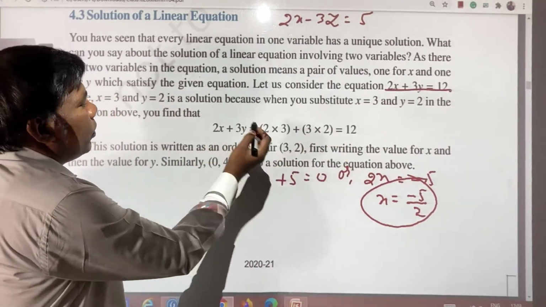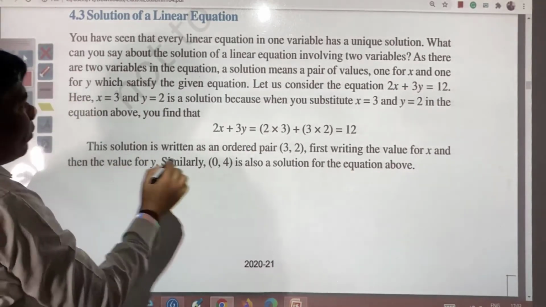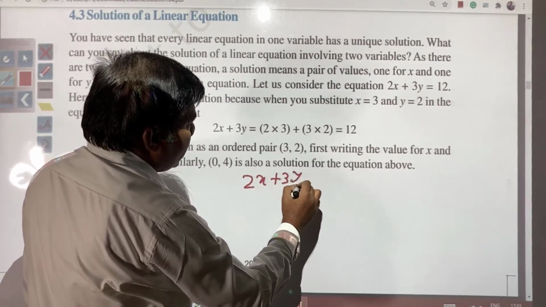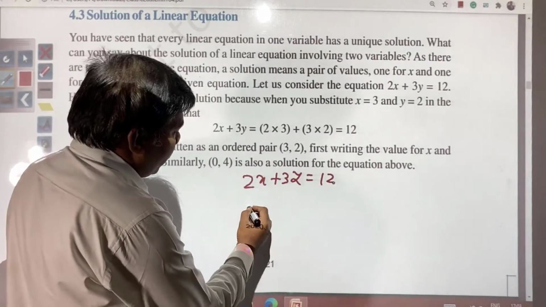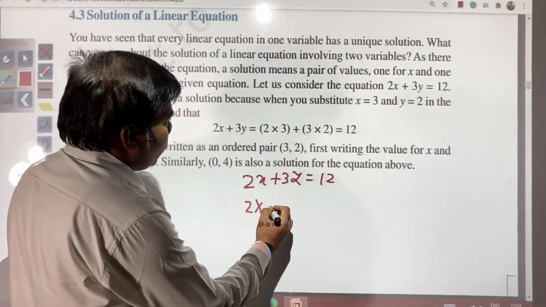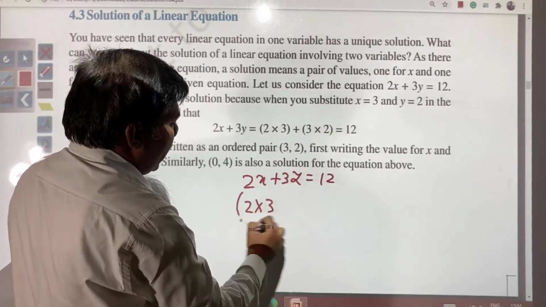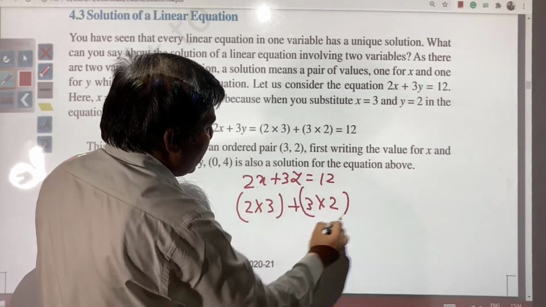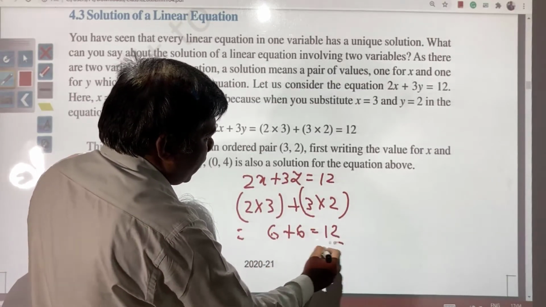Suppose you have your equation 2x + 3y = 12. If you are putting x = 3 and y = 2, then what will be? 6 plus 6, it means 12.